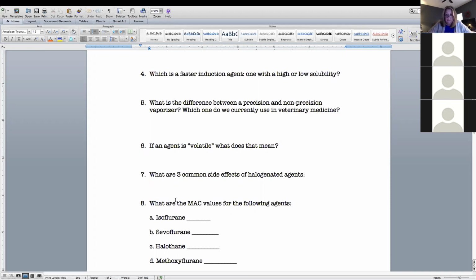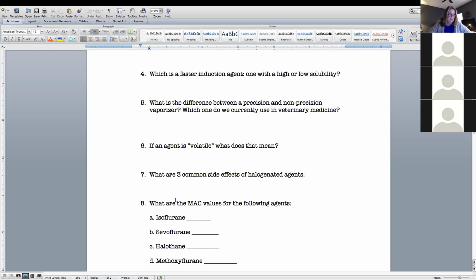They don't cause seizures. Only one agent sensitizes the heart to arrhythmias. That was halothane. So I wouldn't use halothane if I had a patient that had arrhythmias, because it could potentially make the arrhythmia worse, and we wouldn't want that.